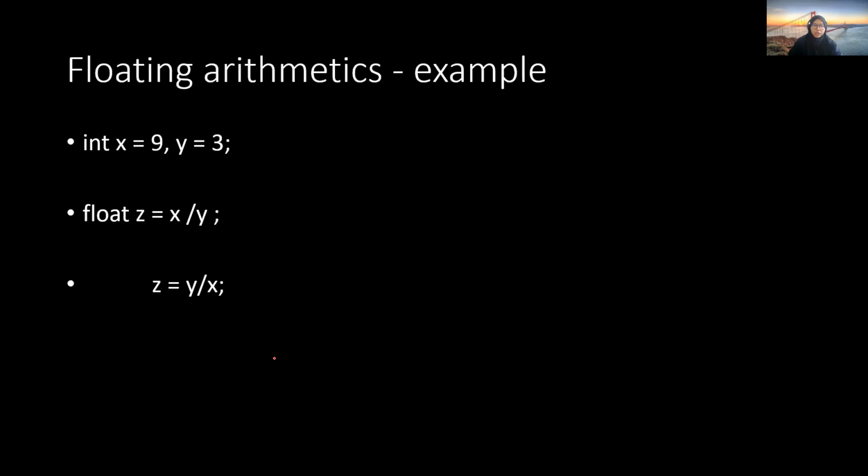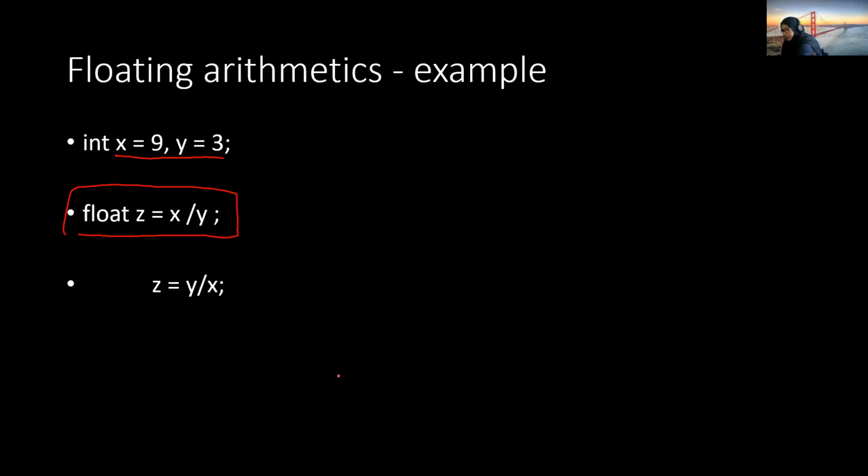Okay, now let's look at this one. What do you expect the output of z equals x over y, where x and y are integers and z is a float? What's the output?